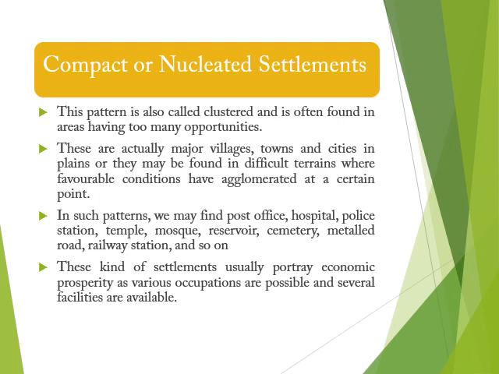In such patterns, we may find post office, hospital, police station, temple, mosque, reservoir, cemetery, metal road, railway station and so on. These kinds of settlement usually portray economic prosperity as various occupations are possible and several facilities are available.